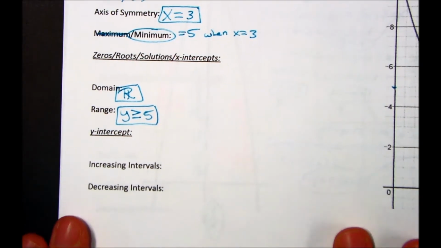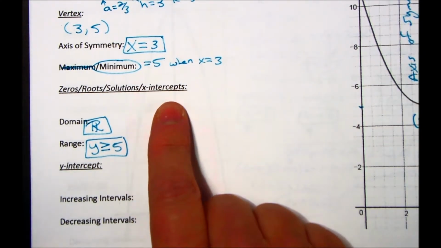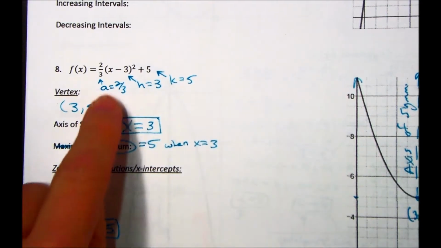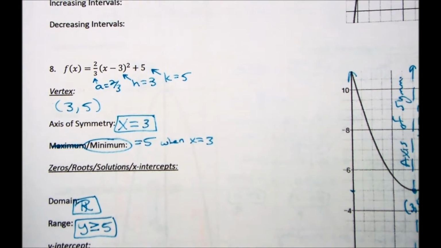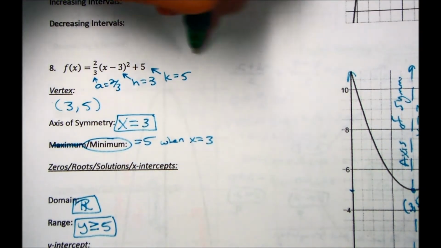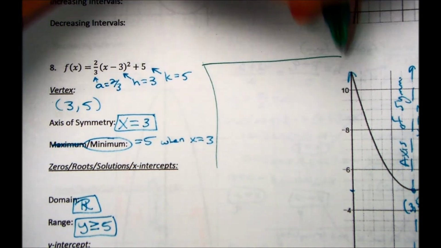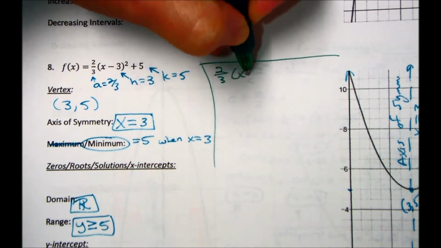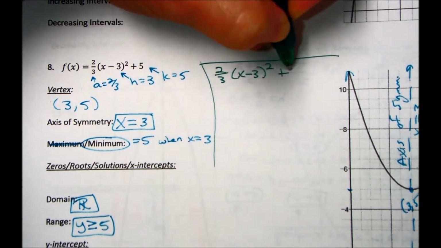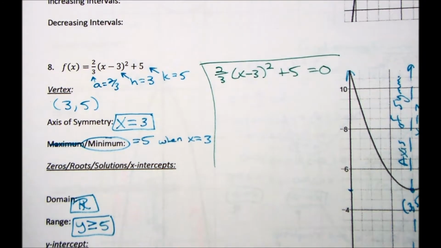Your zeros, roots, solutions. Now this one's going to be a little tricky, so pay attention. Whenever you're finding x-intercepts or solutions to a function, you set the function equal to 0. So I've got a lot of space over here. So I'm going to take that 2/3 x minus 3 squared plus 5 and set it equal to 0.